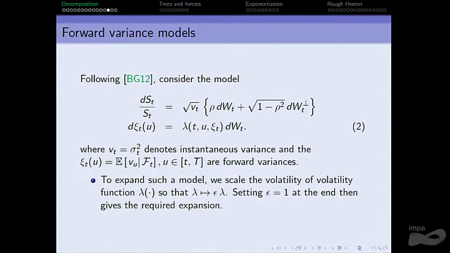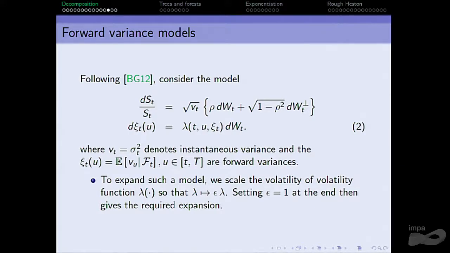Now, Julien Guillon's name is coming up a lot in this talk, I must say, but it's not deliberate. So following Bergomi and Guillon, let's consider a stochastic vol model in forward variance form. They can all be put in forward variance form, basically. So we have ds over s is sigma dz. It's just Black-Scholes.